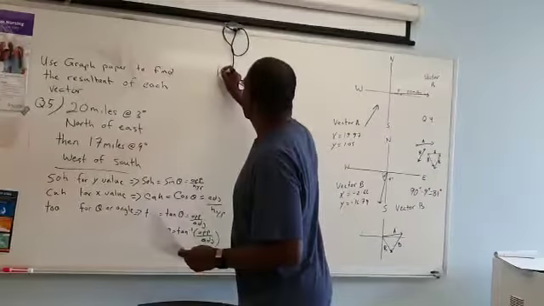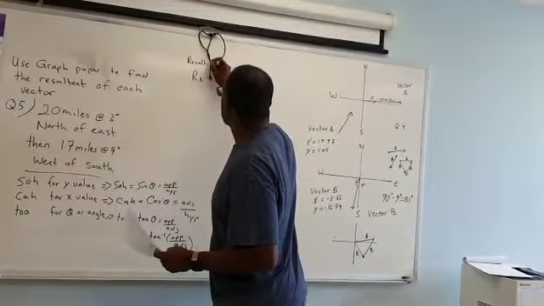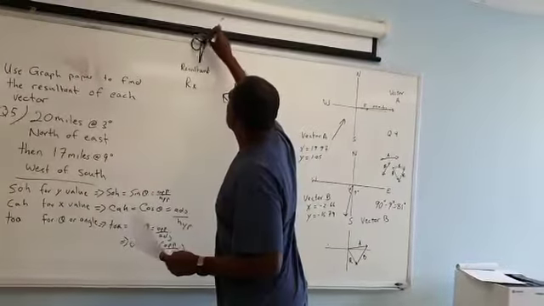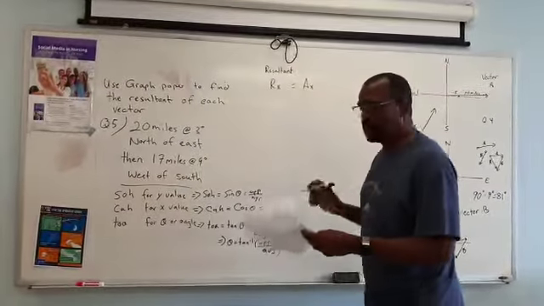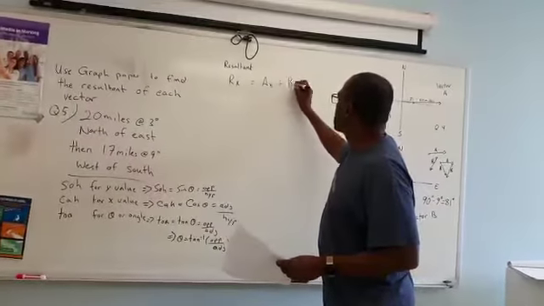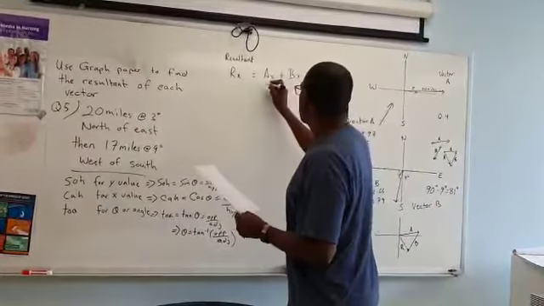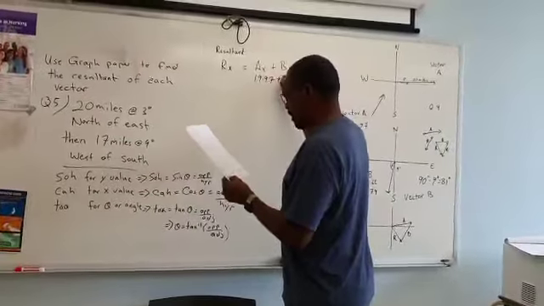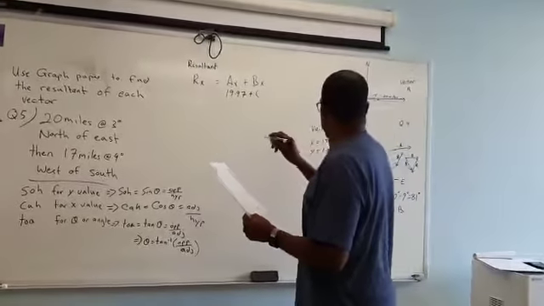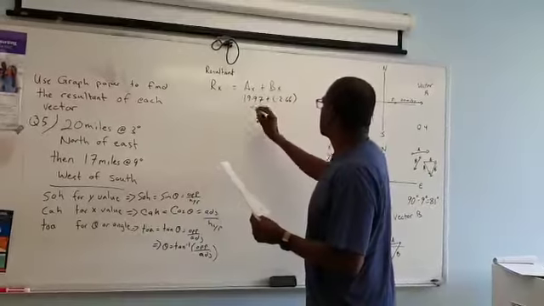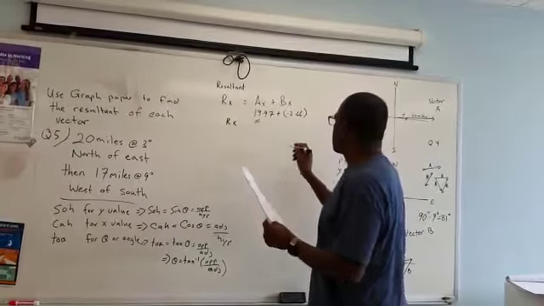So Rx, this is the resultant, is equal to the x value of vector A plus x of B. Vector A is 19.97, plus, we know that vector B was negative 2.66. So Rx equals 17.31.